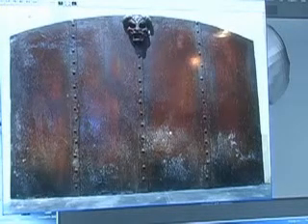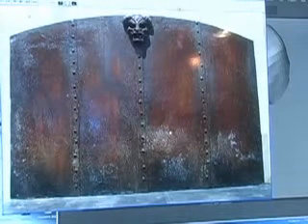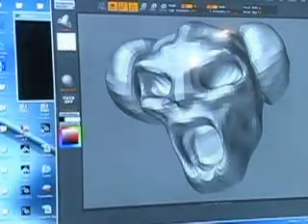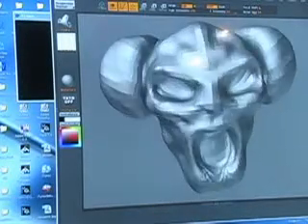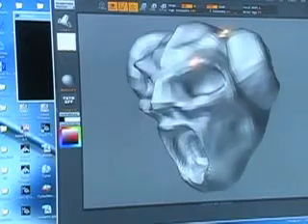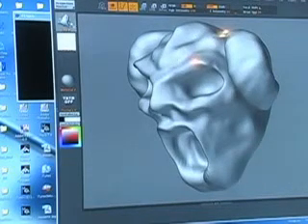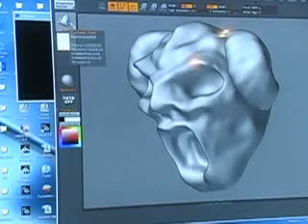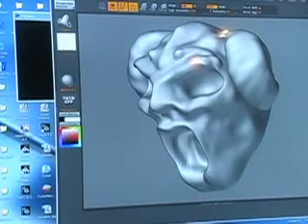And to model this head, instead of just projection mapping that onto a 3D surface, we actually modeled it in a package called ZBrush, which is a state-of-the-art high-res modeling package where you can model in real time on surfaces that are, this one in particular, almost 2 million polygons. What you can do is great real-time pushing and pulling of the surface, just like you would a clay model.